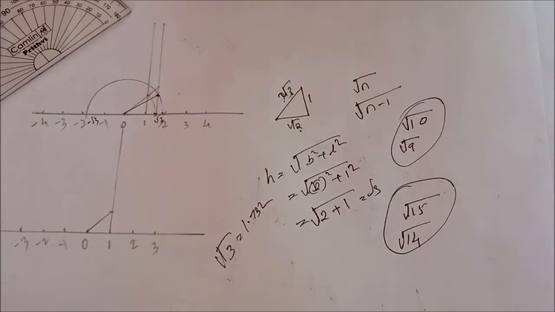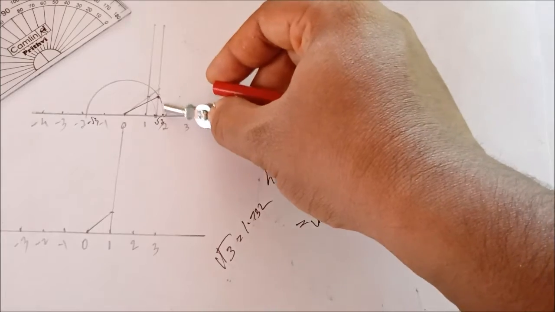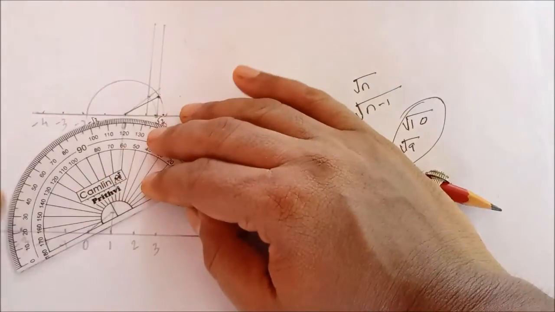From here there is a difference. Instead of transferring the line to the number line and drawing a perpendicular, we are drawing the perpendicular here itself.